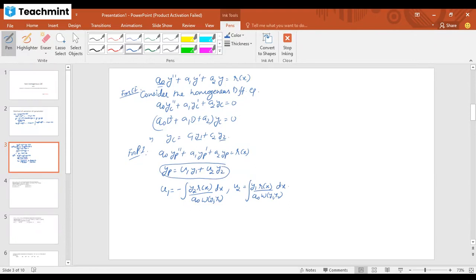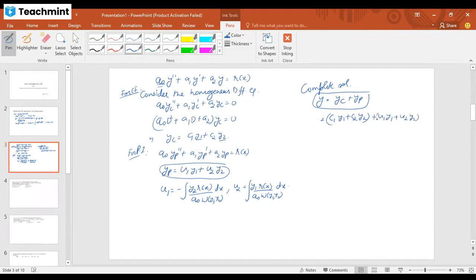So what is the complete solution? The complete solution in this case will be y equal to yc plus yp. One more thing: what is yc? yc is basically c1 y1 plus c2 y2. What is yp? It is u1 y1 plus u2 y2.